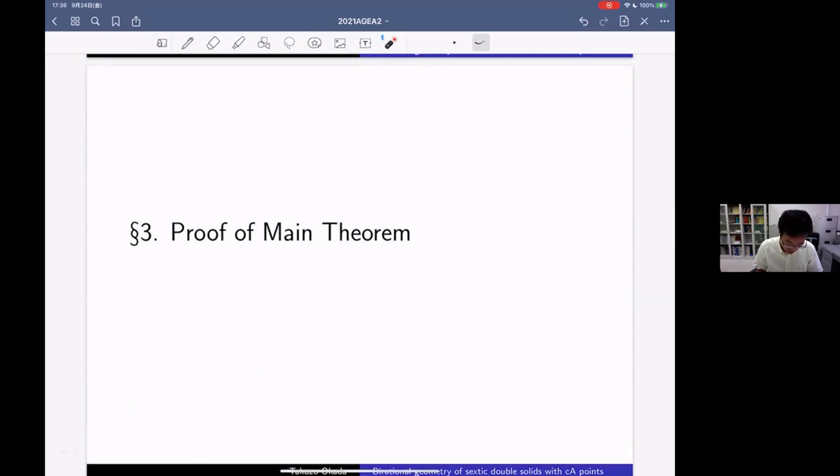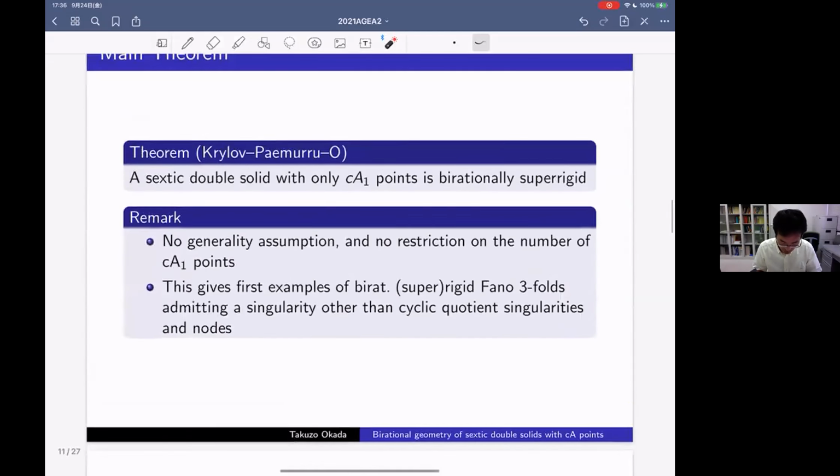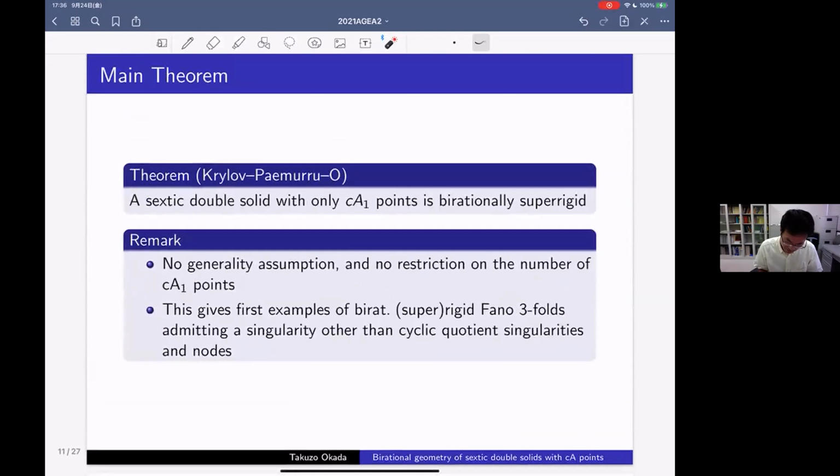Okay, so next I explain some ideas of the proof of the main theorem. Okay, so the main difficulty of the proof lies, of course, in the CA1 points.